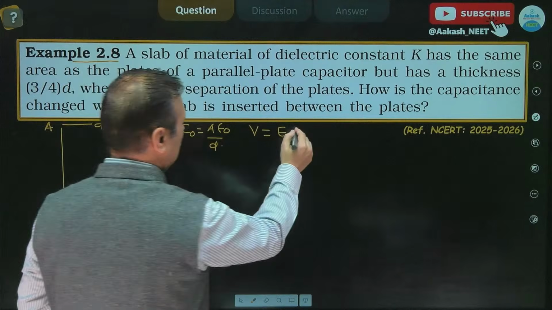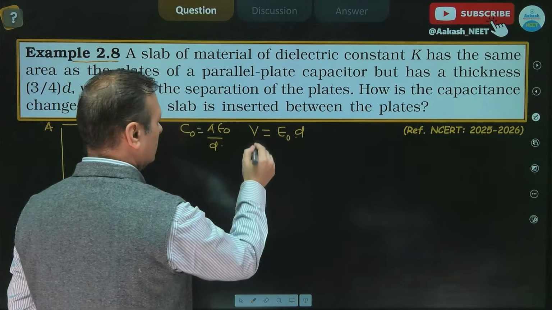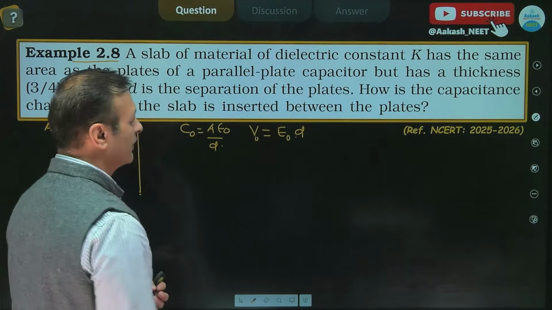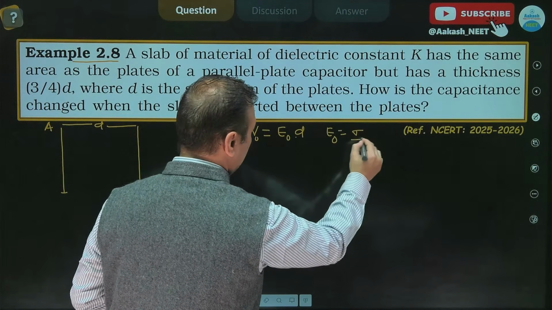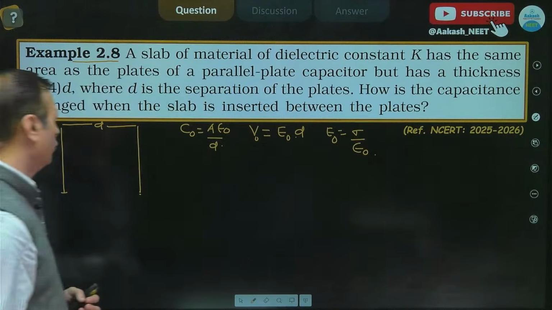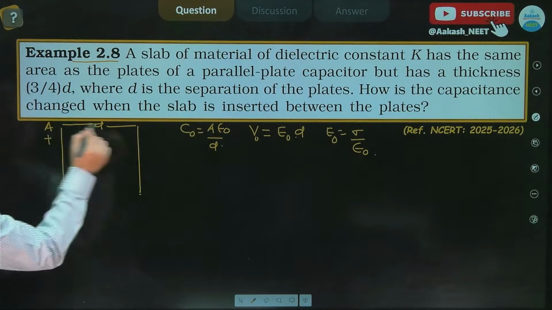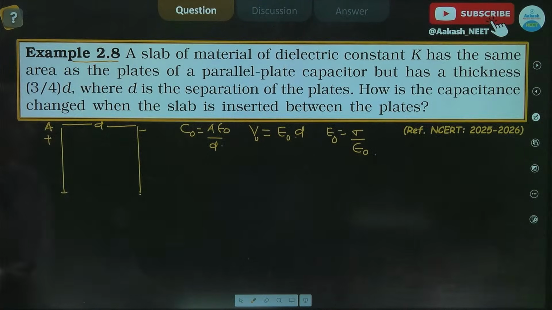So potential is given by this one. This is the original potential, where E naught is the original electric field, and that is sigma by epsilon naught. So we know this is the original configuration. Got it?